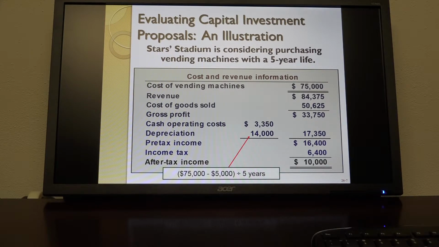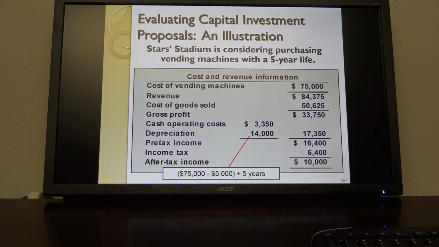All right, and these methods revolve around at least a couple of different examples. And so our first example involves this fact scenario. We've got this stadium that's considering purchasing vending machines with a 5-year life. The cost of those vending machines is $75,000 total for however many machines we're talking about.